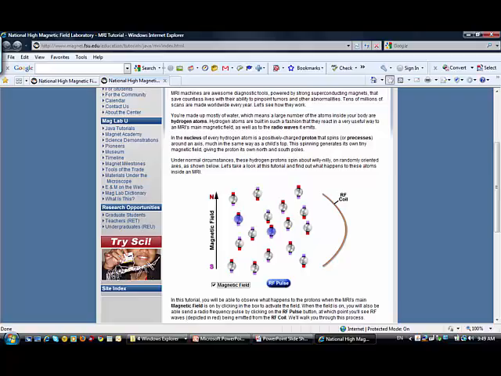Now, in magnetic resonance imaging, once we create this alignment, we subject the person or the tissue to a radio wave frequency, RF, a radio frequency pulse.